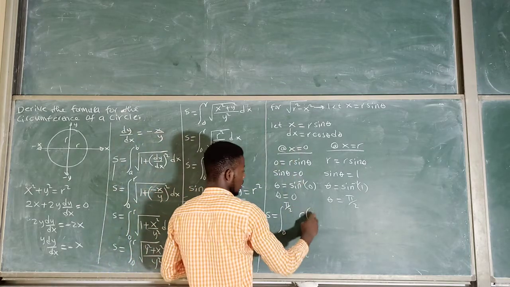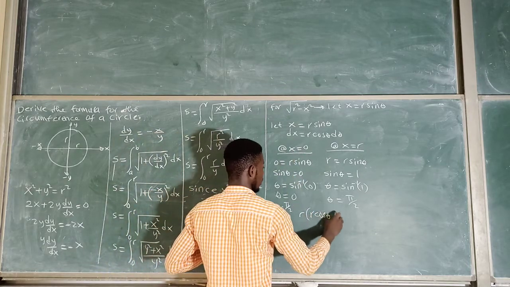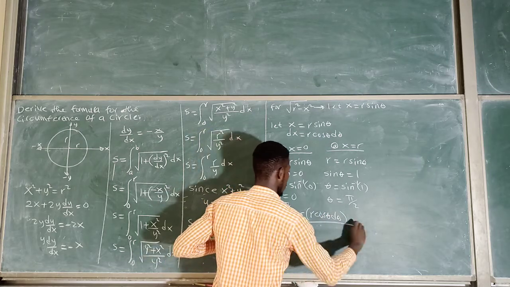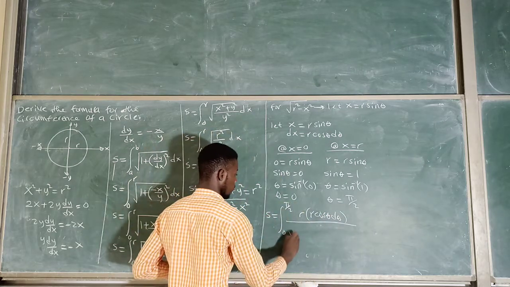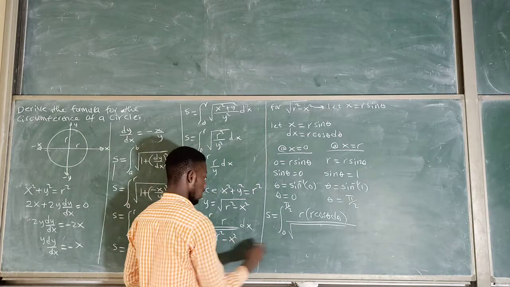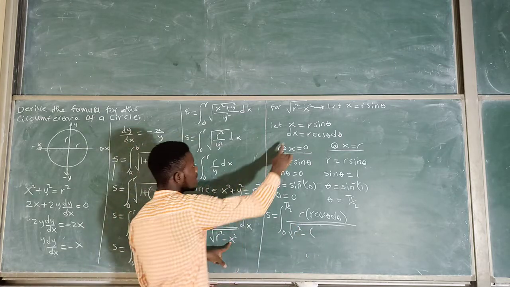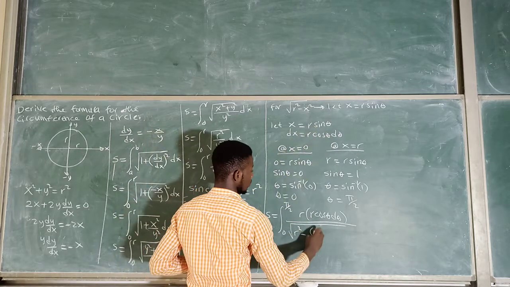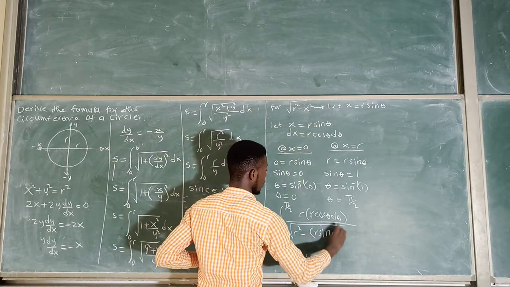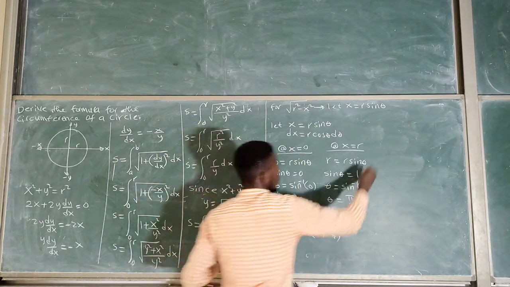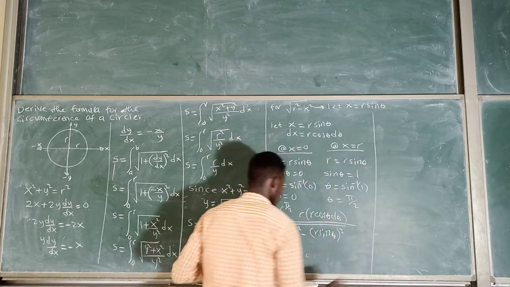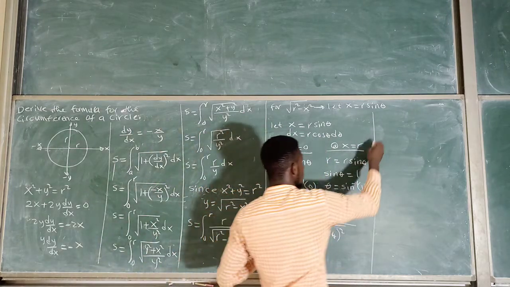Our dx is r cos theta d theta, all divided by the square root of r squared minus our x. So we say let x equal to r sin theta, so it's r sin theta all squared. Now, what do we have from there? We have the integral.